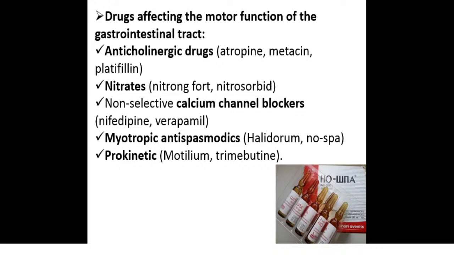And then we can use drugs affecting the motor function of the gastrointestinal tract. It is anti-cholinergic drugs. It is atropine, metacin, platyphyllin. It is nitrates. It is calcium channel blockers. It is antispasmodics and prokinetics.